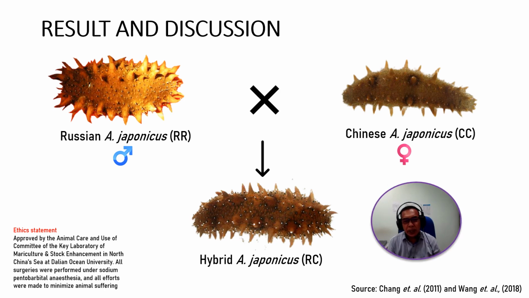This is the hybrid A. japonicus RC that we achieved using reciprocal crossing.